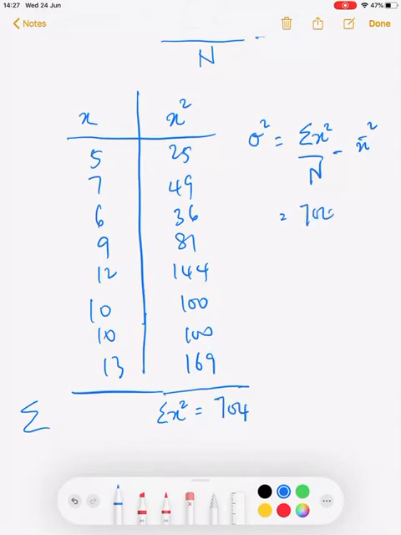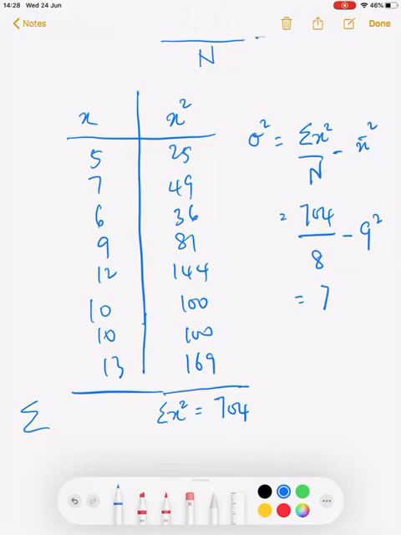The 704 is divided by 8 (1, 2, 3, 4, 5, 6, 7, 8), minus 9 squared. 704 divided by 8 minus 9 squared equals 7.